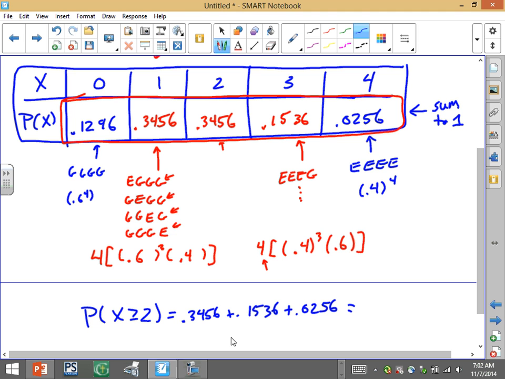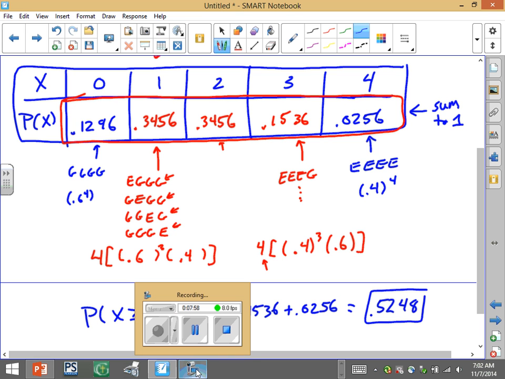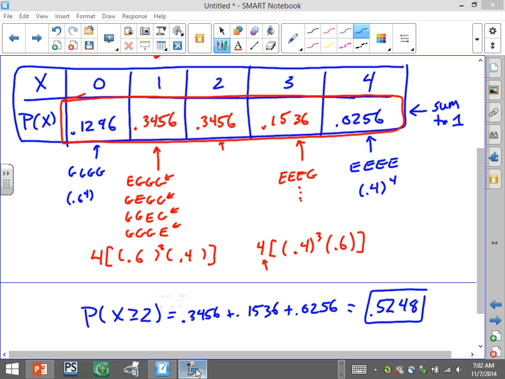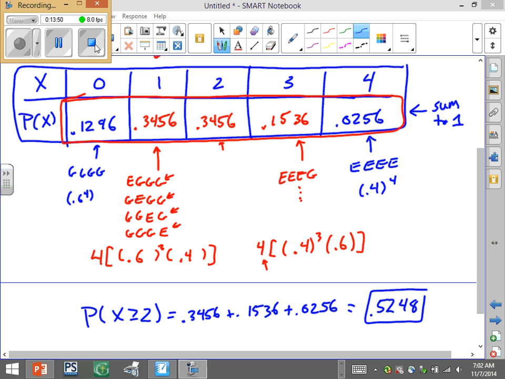And that would be 0.5248. So there's about a 52% chance that at least 2 out of 4 randomly selected customers would prefer the electric model monkey shaving kit.